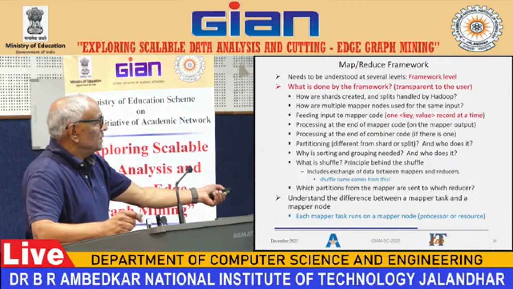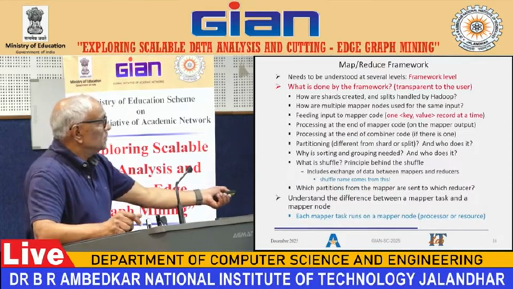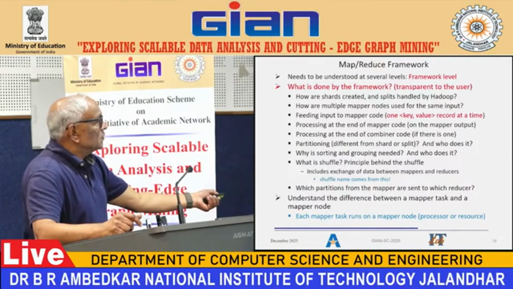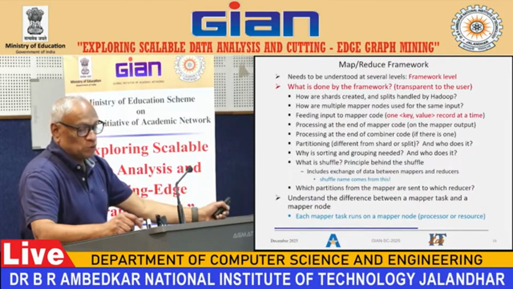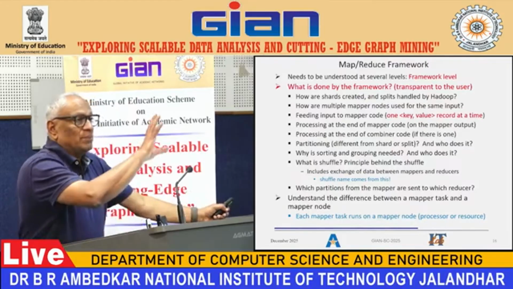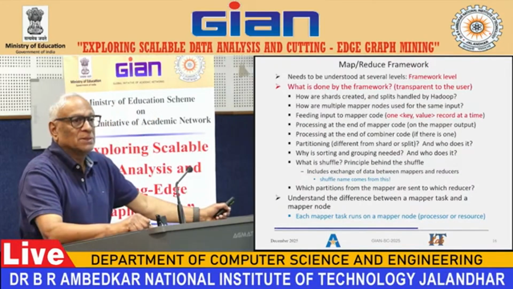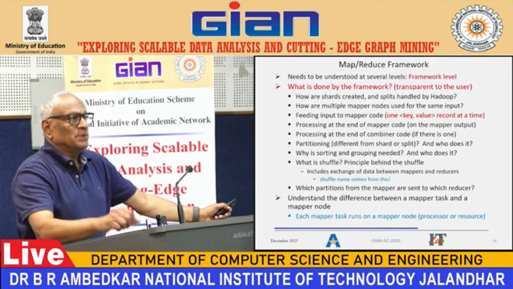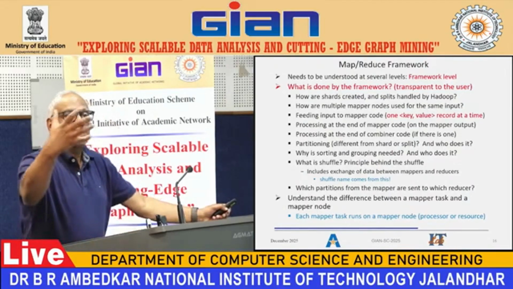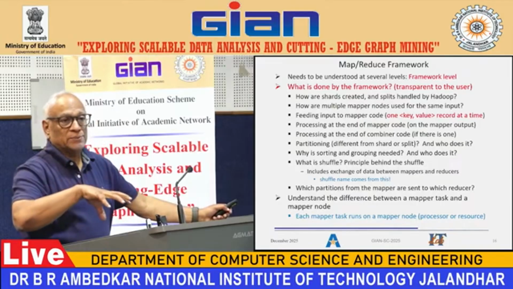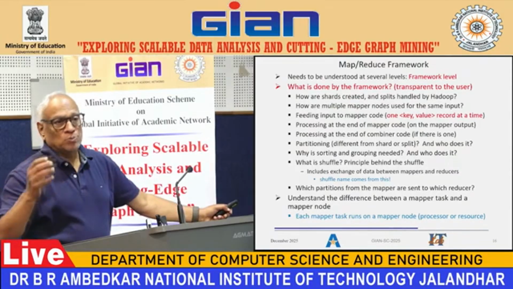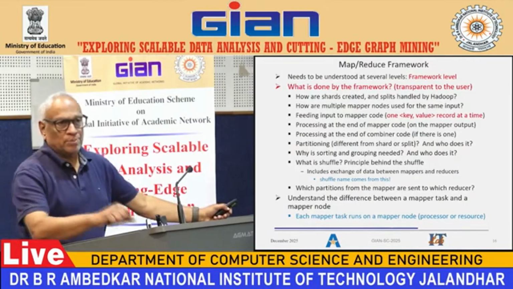What is shuffle? There is a process called shuffle. Principle behind the shuffle includes exchange of data between mappers and reducers. So shuffle name came from this. So once all the mappers finish their task, the output of the mappers need to be sent to the reducers. And then reducers do the second part of the job, and then you get the output or fed into the next job.